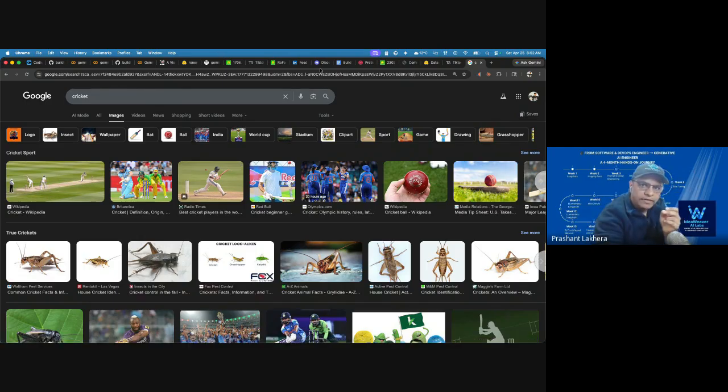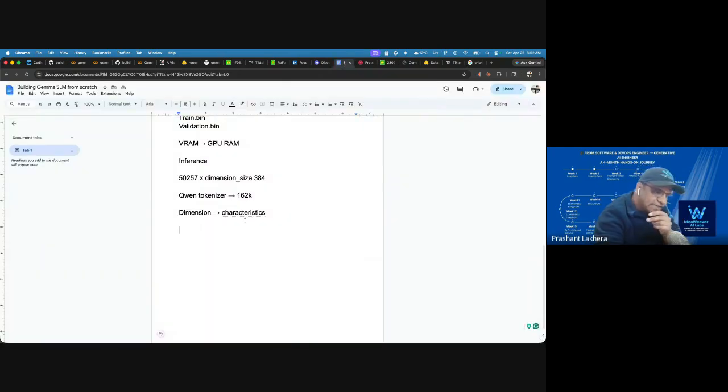So all those different characteristics that I'm talking about for cricket, those are called dimensions. As a human being, if I give you more information about that person or that thing, you develop the intuition, right? The same thing happens with the model also. The more characteristics you define, the more dimensions you define, the more the model will understand about your data.